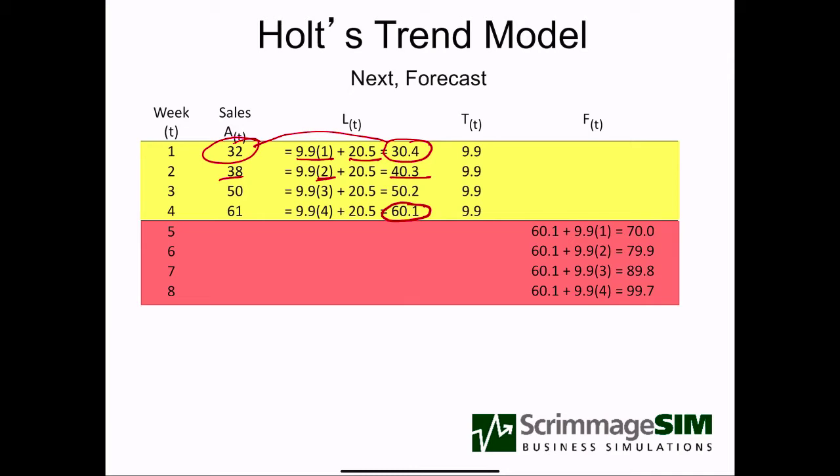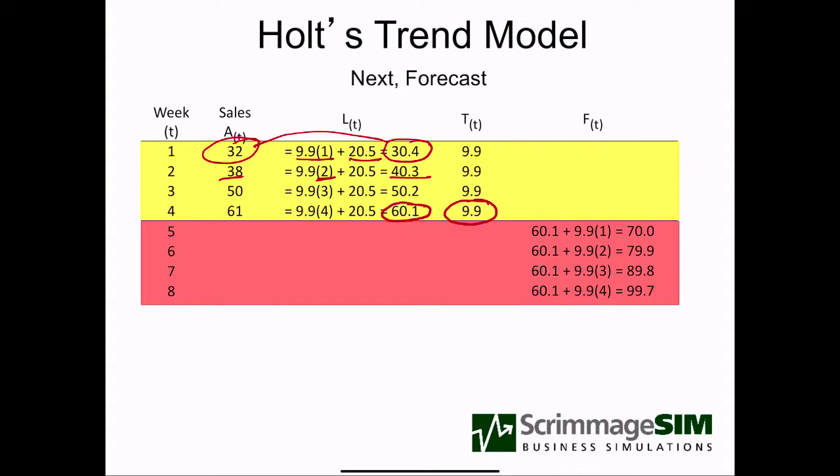But because we're not, we say there's an underlying level, there's an underlying model, and there's randomness around that model. So our basic level, we think the average sales level in week 4 was 60.1, pretty close to what we observed. There was some variability. We also think at this point that sales are increasing by 9.9 units per week.